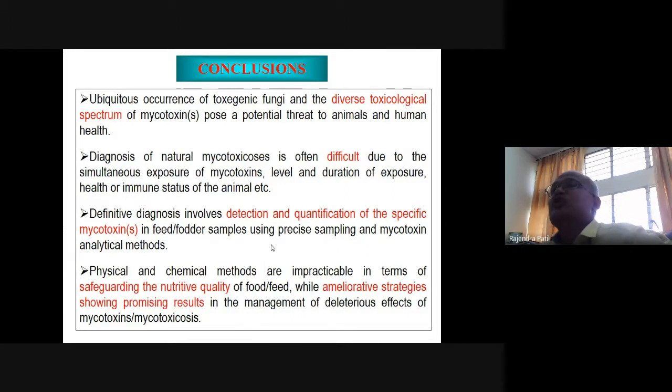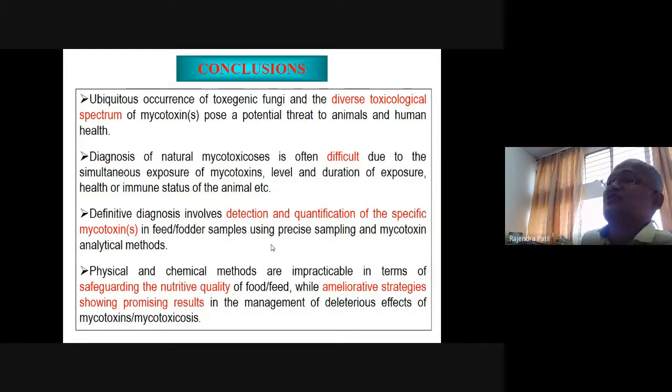Then the diagnosis of natural mycotoxicosis is often difficult. Experimental mycotoxicosis we can diagnose, but in natural mycotoxicosis a number of mycotoxins are produced simultaneously and are responsible for the toxic effects in the animals.